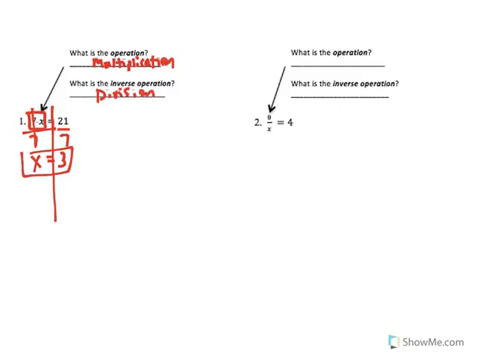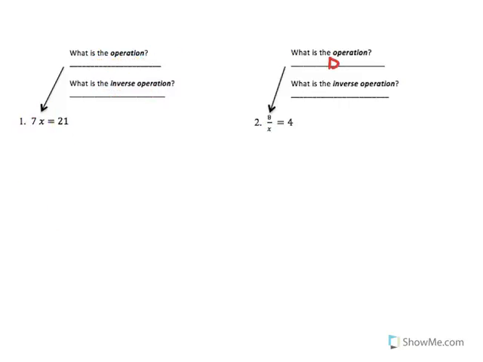Let's look at this next one. It asks us, what is the operation between 8 and x? The operation there is division. What is the inverse operation? What is going to let me move the pieces around? The inverse of division is multiplication.